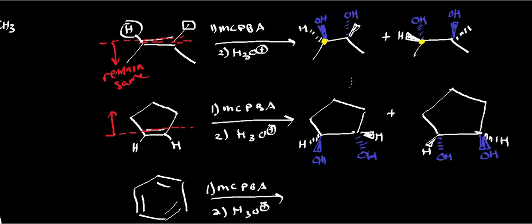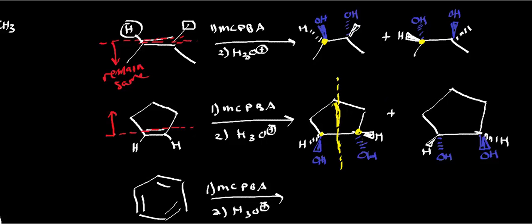Now, you look at these 2 things and you say, okay, this carbon right here has 4 different groups, it's chiral. This has 4 different groups, it's chiral. And you can test this to see if it truly is an enantiomer. You might think, well, maybe I can put an axis down through this, and then flip it over 180 degrees.